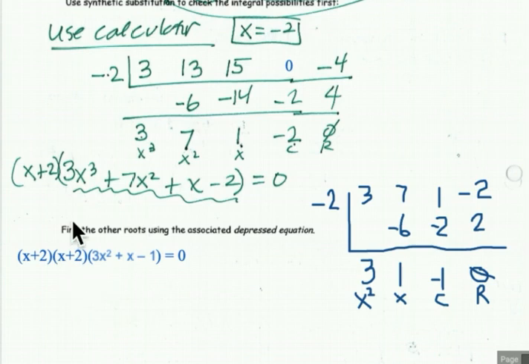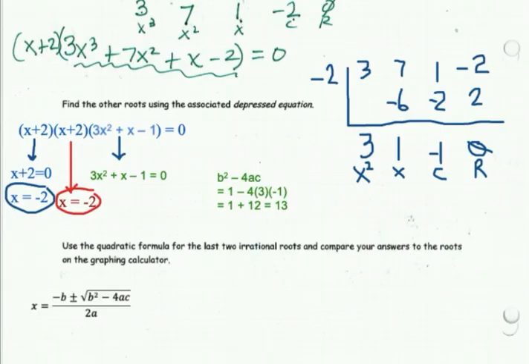So now let's find the zeros by setting each factor equal to 0. I've set the first factor, x plus 2, equal to 0, which gives me x equals negative 2. And again, I have negative 2 as a double root when I set this factor equal to 0. Let's go ahead and set this quadratic equation equal to 0 to find the other two roots. The other two roots are going to be irrational.